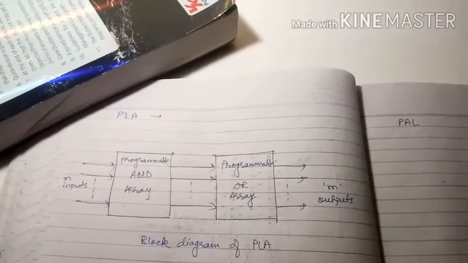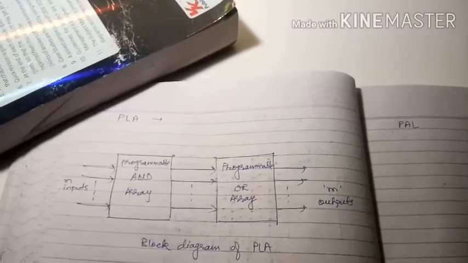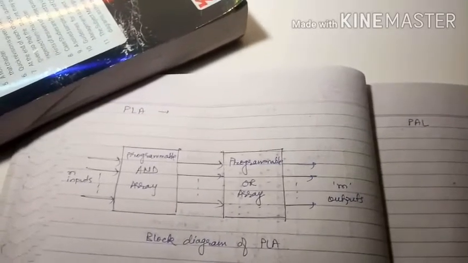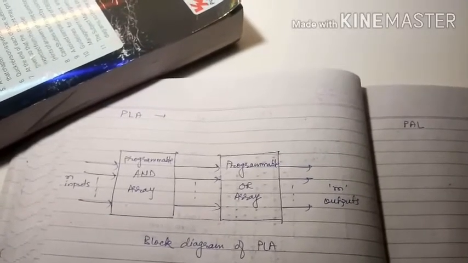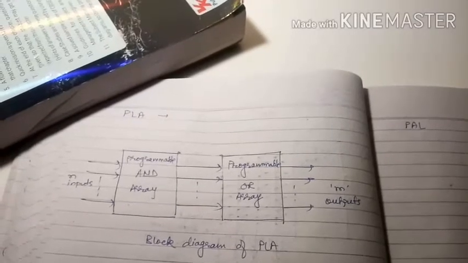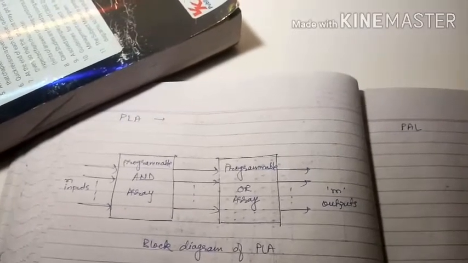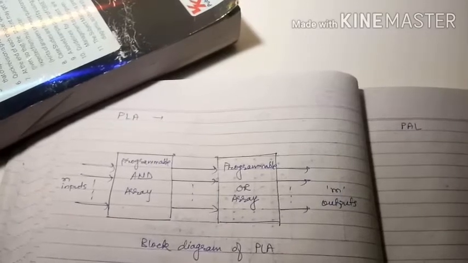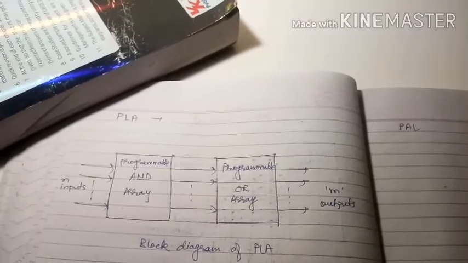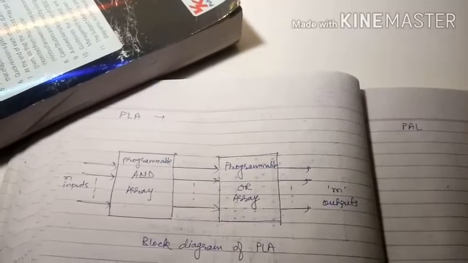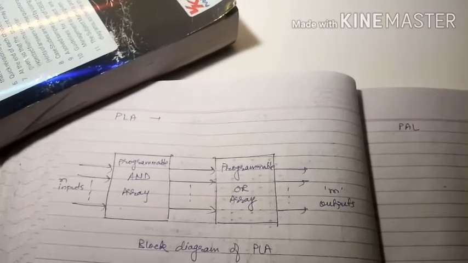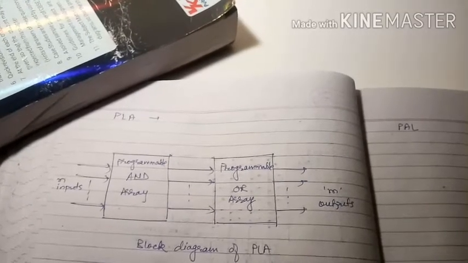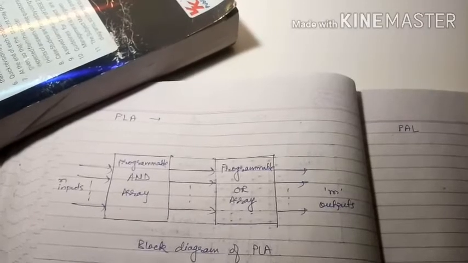The inputs of OR gates are also programmable, so we can program any number of required product terms, since all the outputs of AND gates are applied to the input of OR gates. Therefore, the output of PLA will be in the form of sum of products.